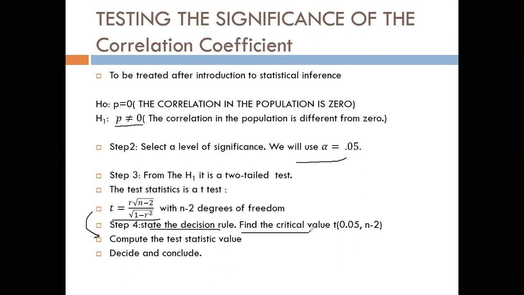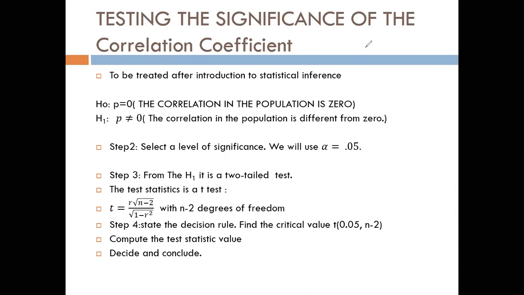Depending on the sign of the alternate hypothesis, if it's a one-tailed test or a two-tailed test, you take that into consideration. So you read your critical value, and then decide whether to reject the null hypothesis or not to reject the null claim, and then you conclude as usual.